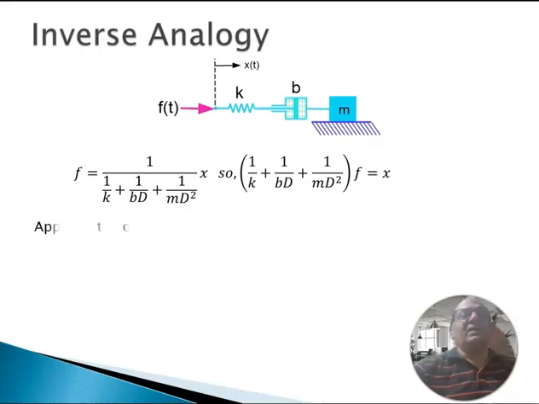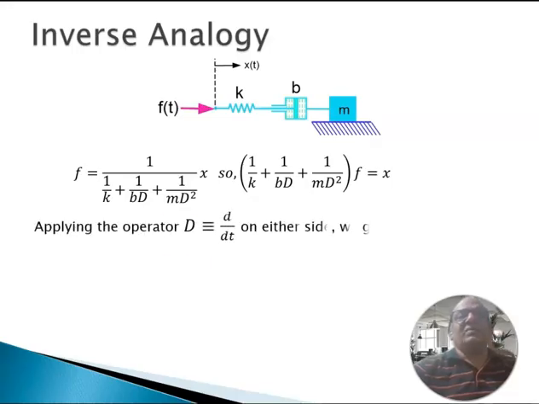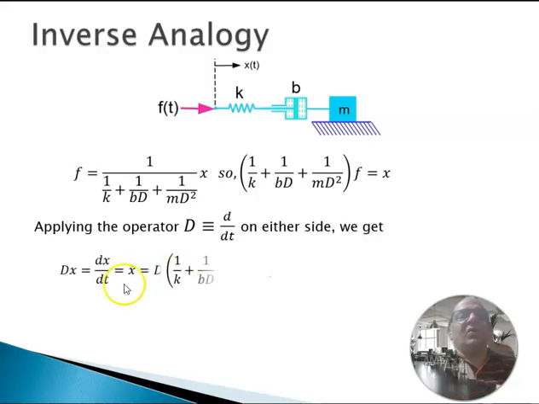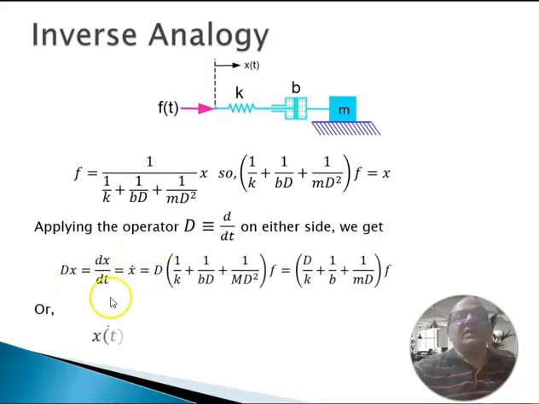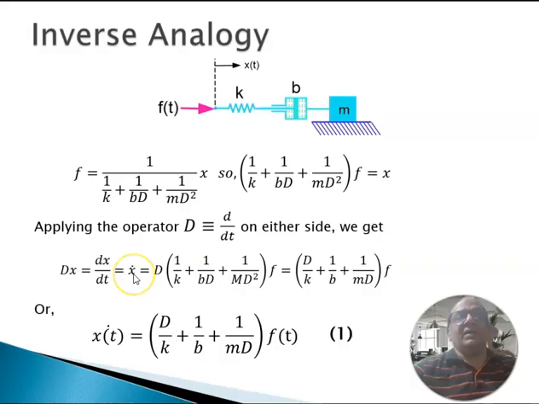We'll do a little trick here. We'll apply the operator d by dt, that is, differentiate on both sides. To get here you have x dot, and an additional D is multiplied here. So dx by dt, which is x dot, is equal to D acting on all these, that is D by K plus 1 by B plus 1 by MD.